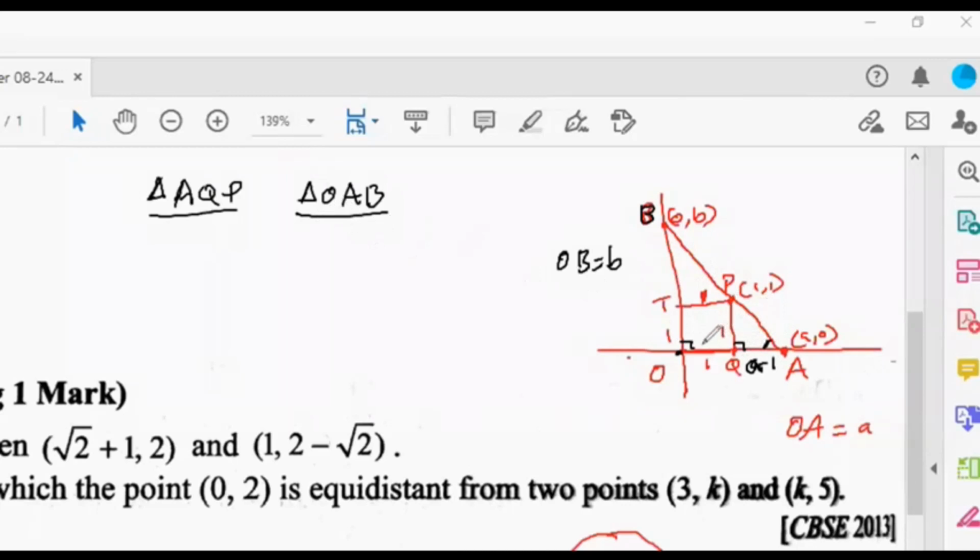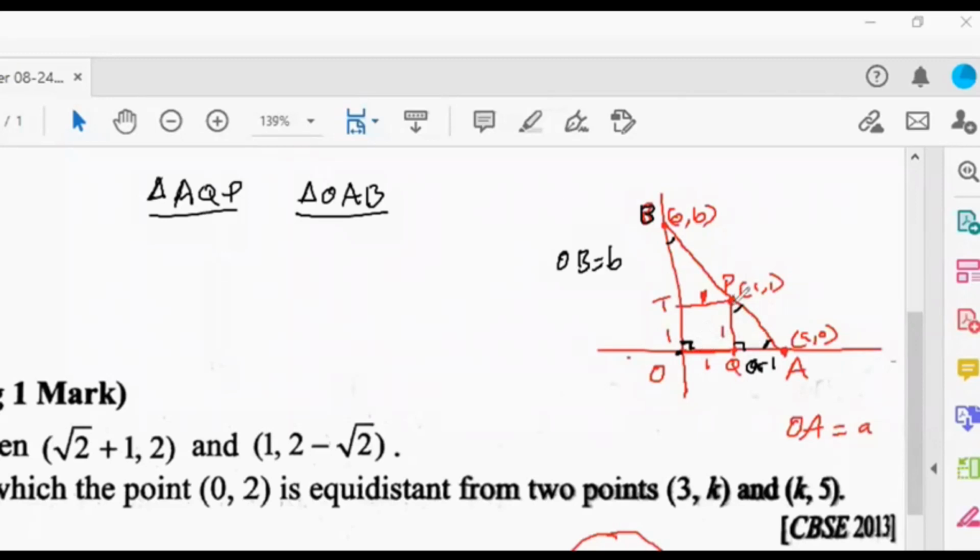If two angles are equal in two triangles, then definitely the third angles will be equal. The angle between the coordinate axes, x-axis and y-axis, will definitely be 90 degrees.